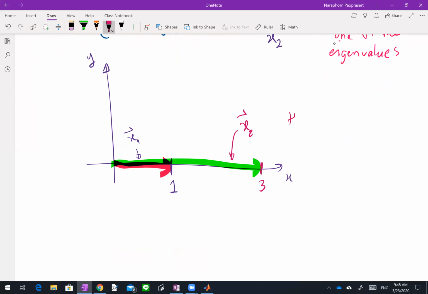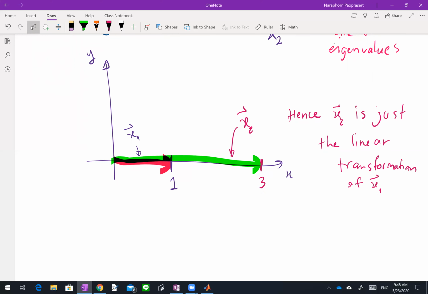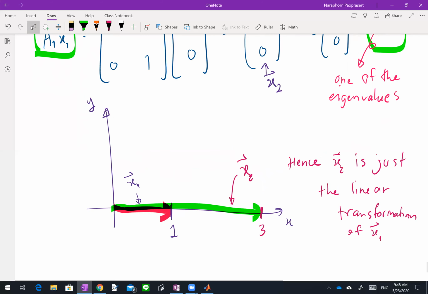So hence x2 is just the linear transformation of x1. Okay. And if x2 is just a linear transformation of x1, then x1 is the eigenvector.